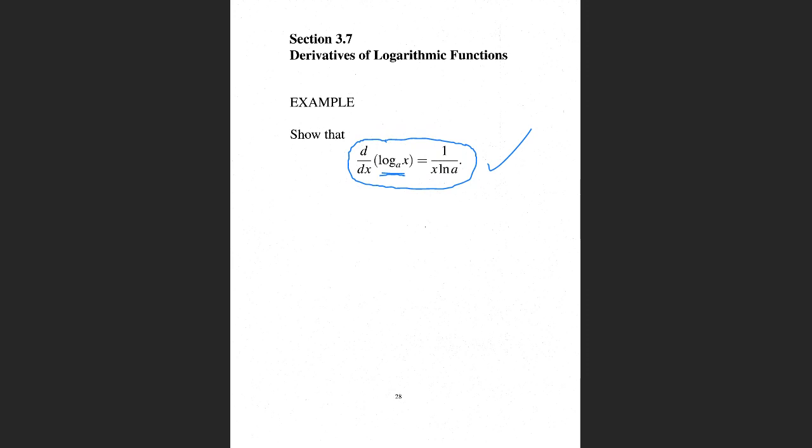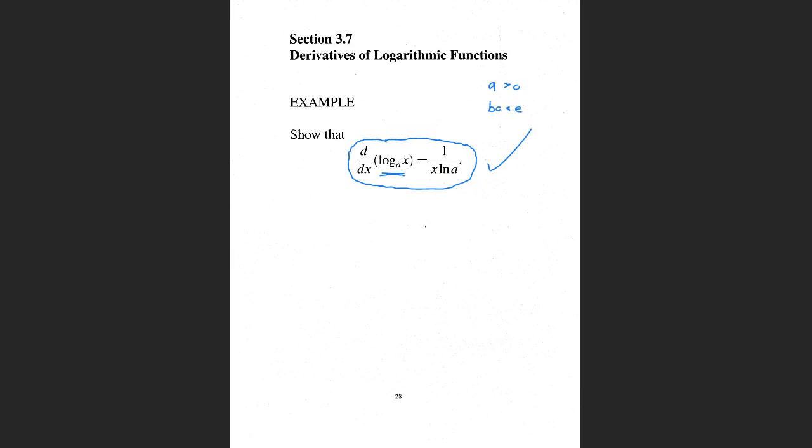Okay. Now, let me ask you, the base a. If we take the log of a base, what does the base a have to be? Does it have to be positive, or can a be any value? All right, base a has to be positive, that's right, Ian. And what are some common bases that you've seen?